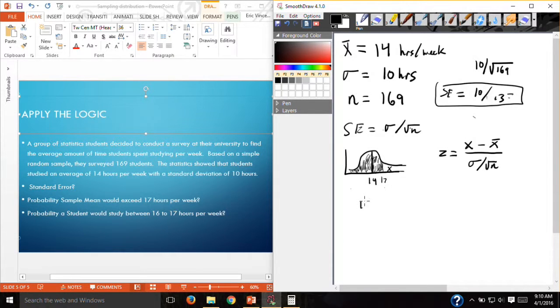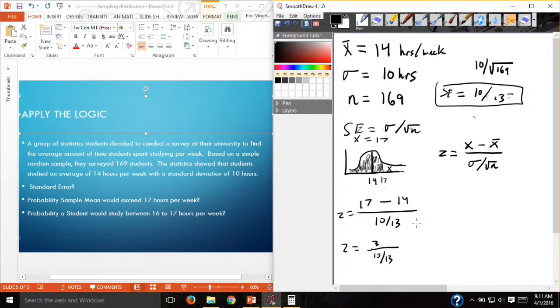So 17, which is equal to my x, I should write that right here, minus my mean, which is 14, divided by 10 over 13. This becomes 3 over 10 over 13.